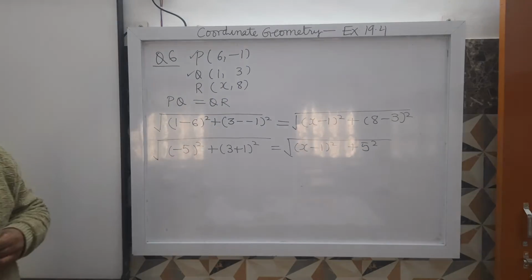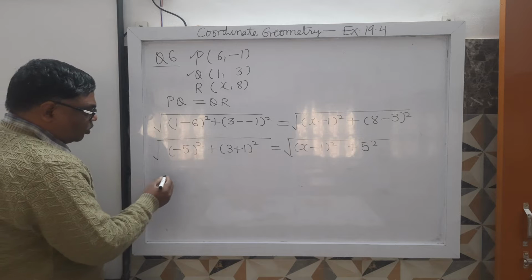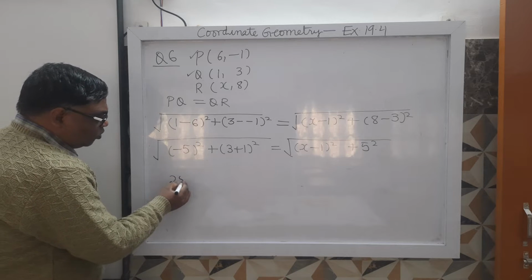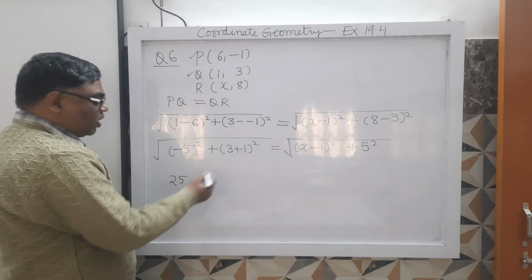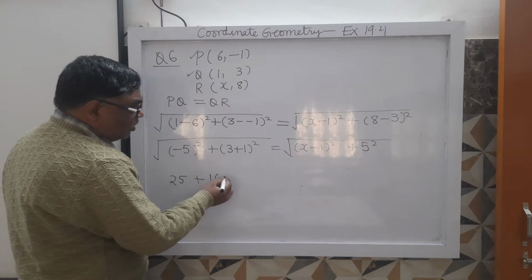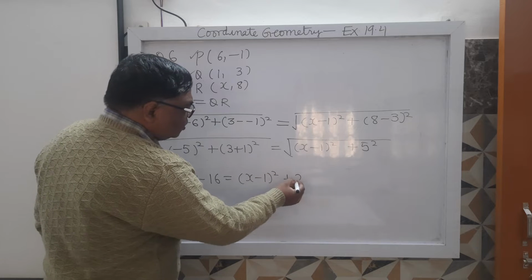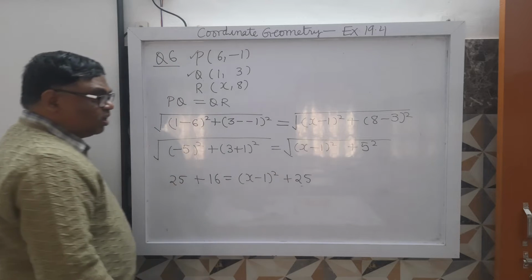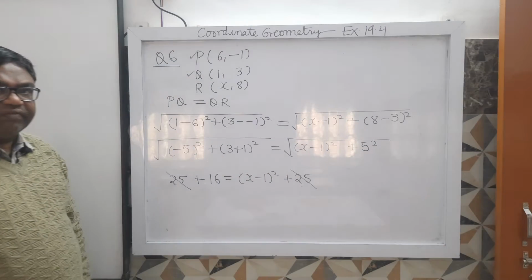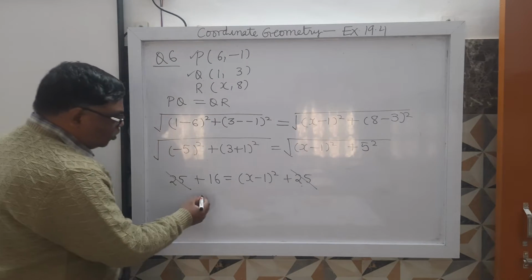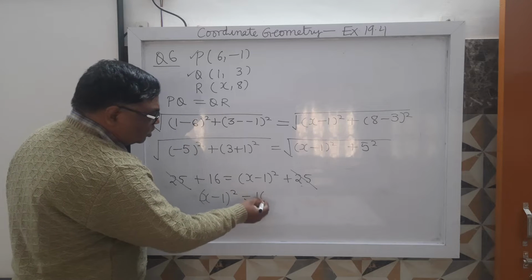Now on squaring both the sides, what will you get here? 25 plus 4 square, which is 16, equals (x minus 1) whole square plus 25. Now 25 is present on both the sides, you can cancel. So you have got (x minus 1) whole square equals 16.